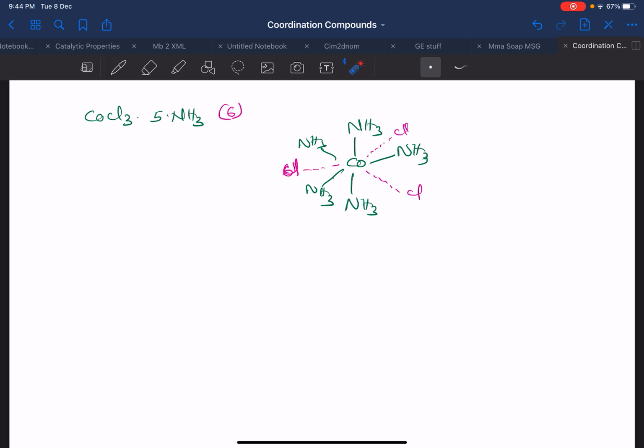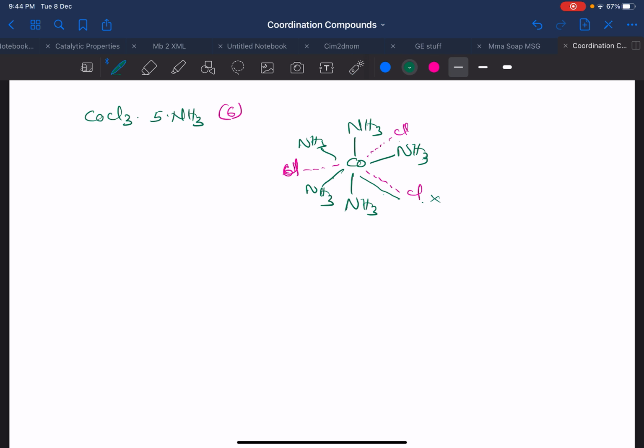Another coordinate bond is formed by one chloride ion, which satisfies both ionic valency as well as coordination valency, so it cannot easily ionize.